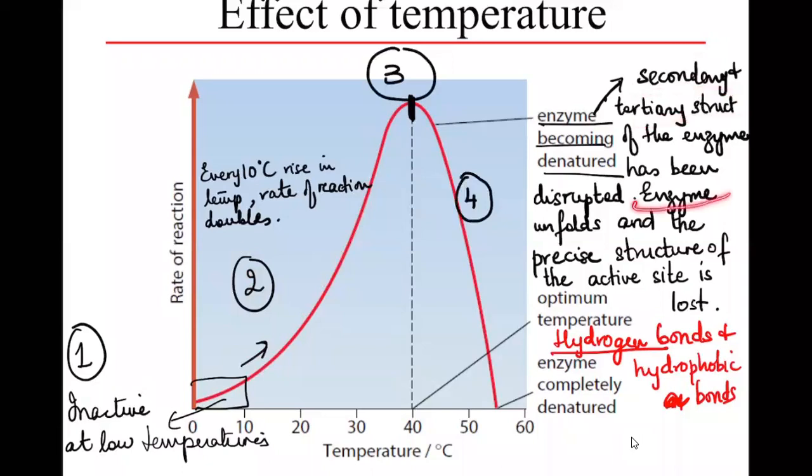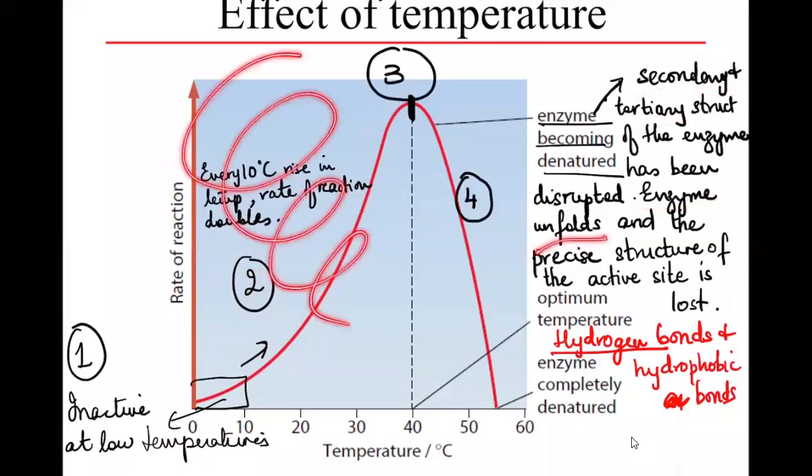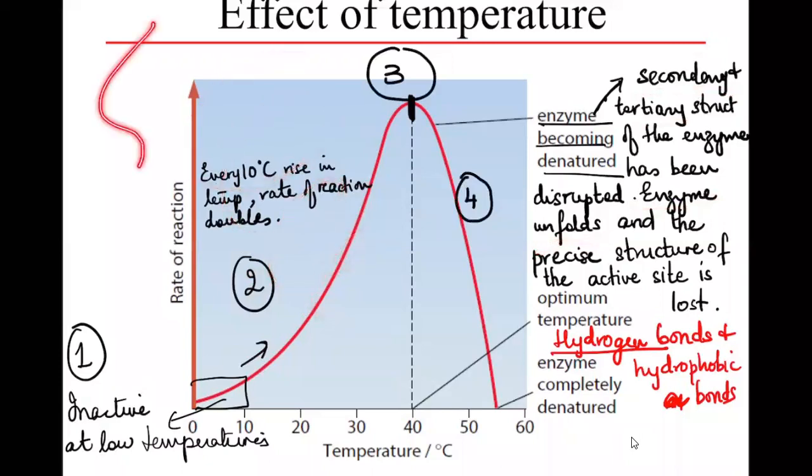The enzyme will unfold. Earlier the enzyme was folded like this. Now the enzyme will be like this, unfolded because of loss of hydrogen bonds. When unfolding takes place, the precise 3D structure is lost and hence the active site is also lost. Because of that the rate is decreasing.